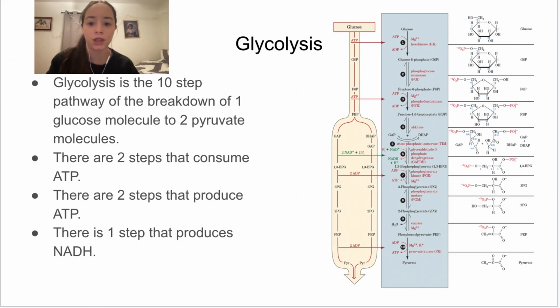So we're going to start with glycolysis, which is the breakdown of one glucose molecule into two pyruvate molecules. This includes 10 steps, but for today, we're only going to focus on the steps that yield ATP production, use up ATP, or yield NADH.